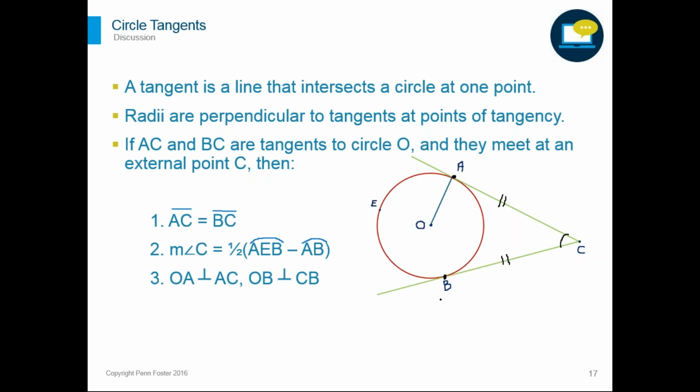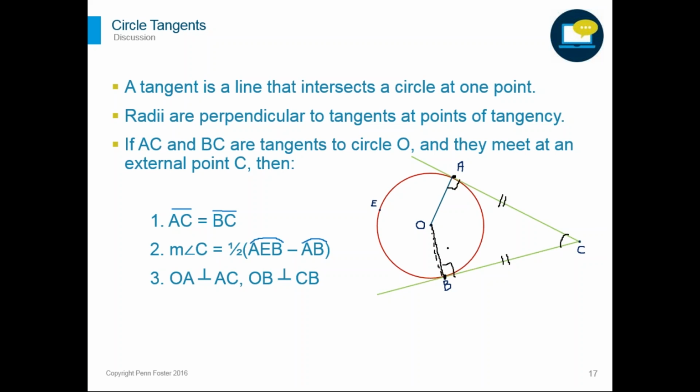And then the third fact is the radius is perpendicular to the tangents. Whether they intersect actually or not, the radii would be making a 90 degrees angle with the tangents. So these are the three facts we need to keep in mind whenever we hear anything about tangents or see tangents in our figure. These are the three things that may be helpful for us to answer the question.